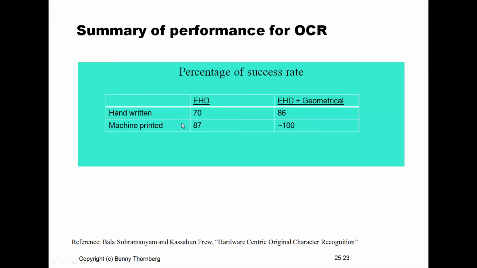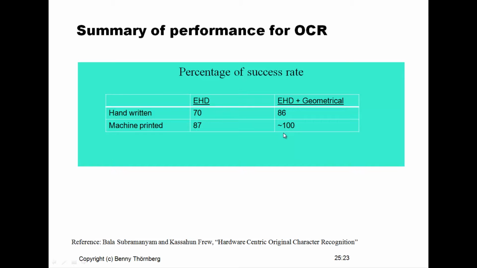But then, as I described throughout this presentation, we added the features to the feature vector corresponding to these geometrical properties of letters. For handwritten characters, we had an improvement up to 86%, and for machine printed letters we ended up at a success rate of very close to 100%. And I believe that this is the kind of performance that we would like to have for a reliable and robust OCR system.